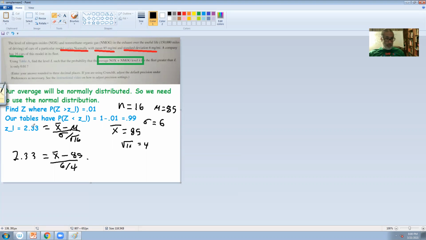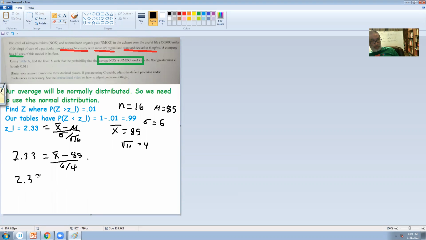Right, so now we do have to do a little bit of algebra. The easiest way to tackle this one is to multiply both sides by 6/4. You do have to do a little bit of algebra. It is a math class. Then add 85 to both sides.